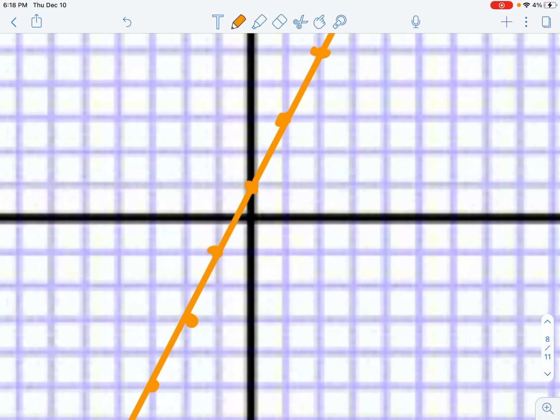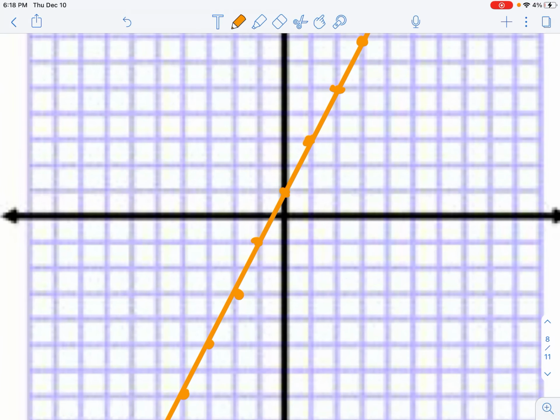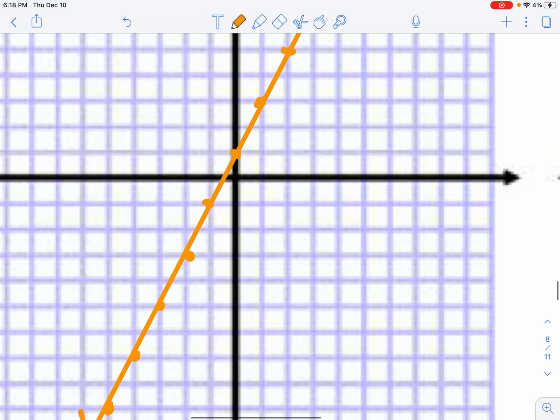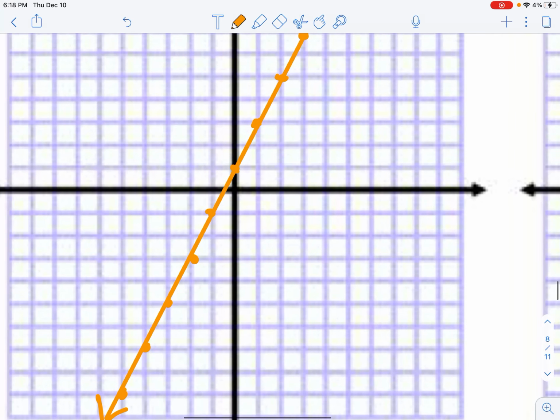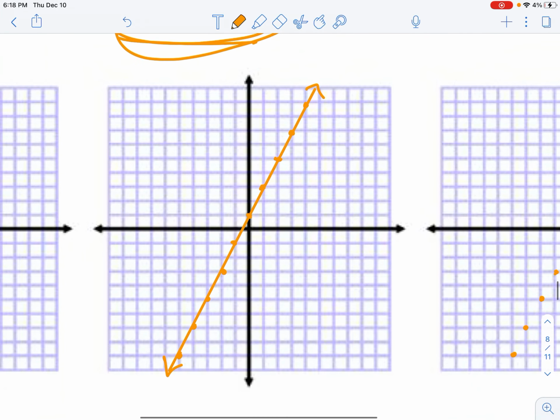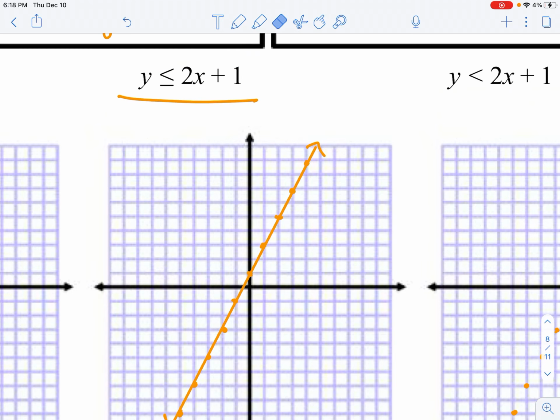To find their location, we've got to zoom in a little bit more. I want you to notice how around 0, 0, that origin there, the origin is on this side of the line, right? So our line doesn't go exactly through the origin. So I'm going to take that point 0, 0, and plug it in for my equation.